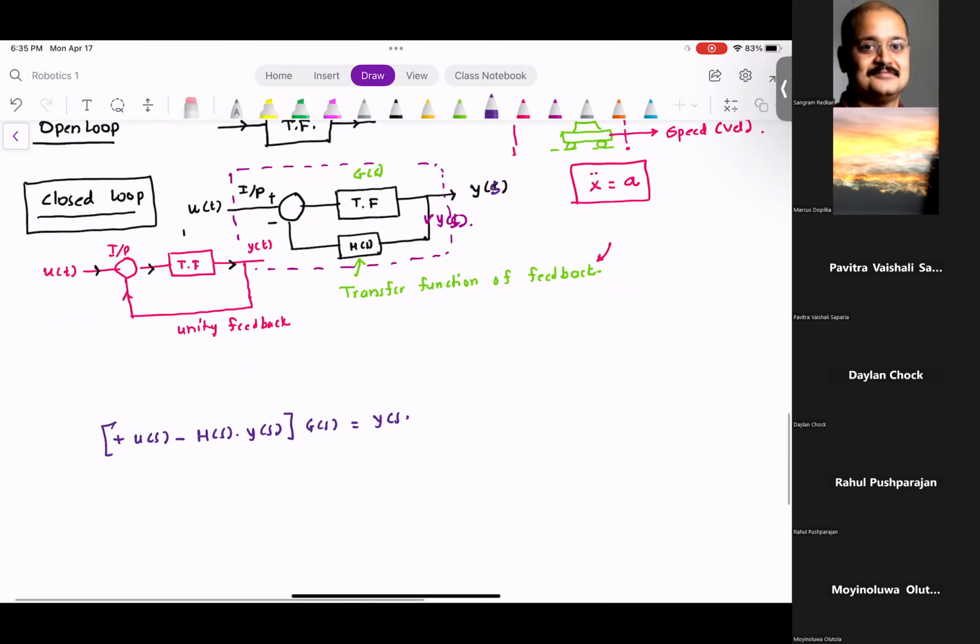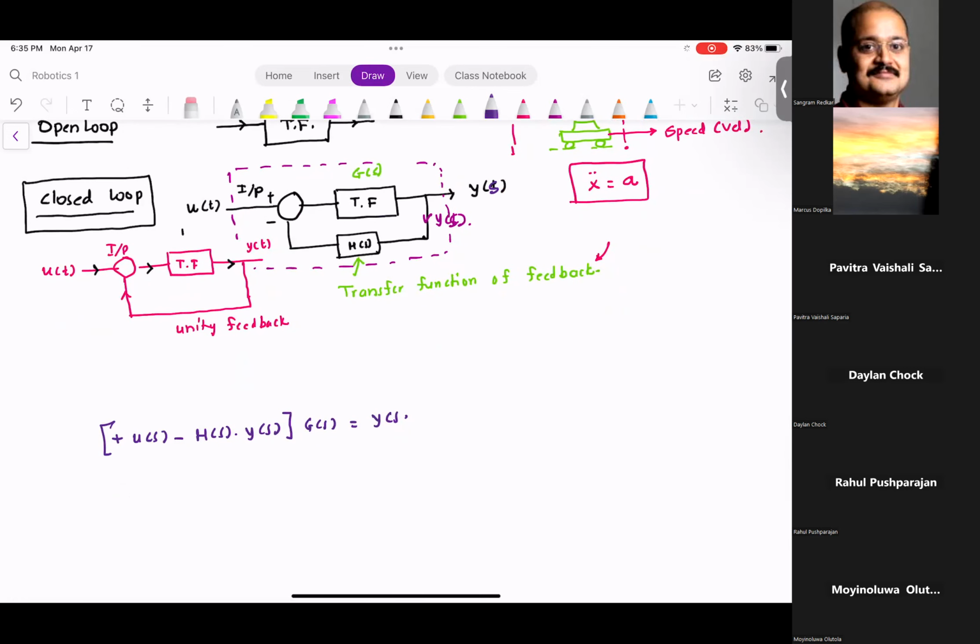So expand this, it will become u of s, g of s minus h of s, y of s, g of s is equal to y of s.